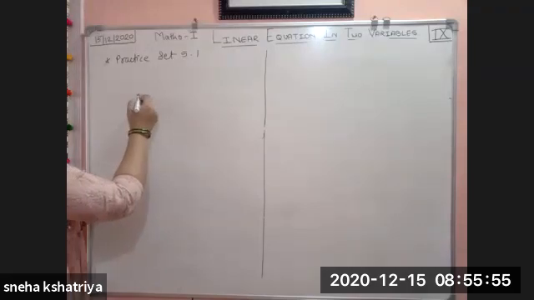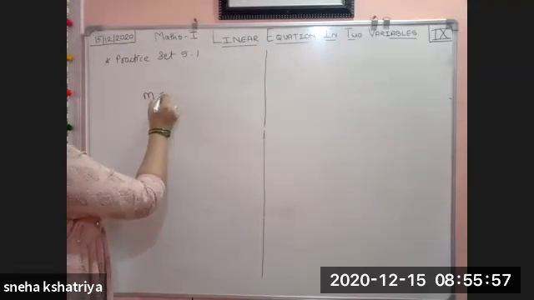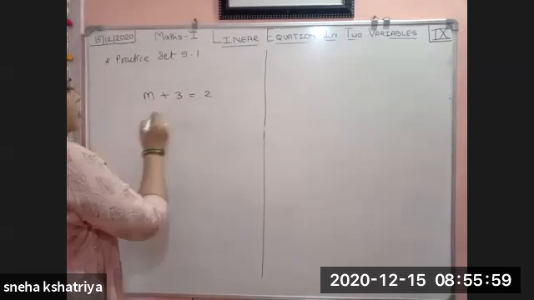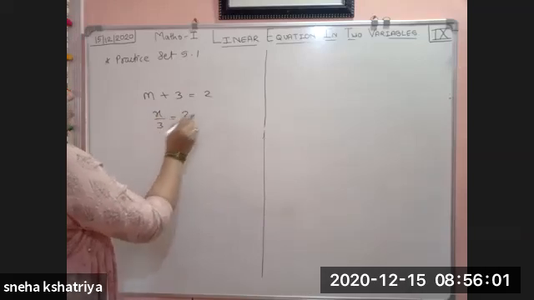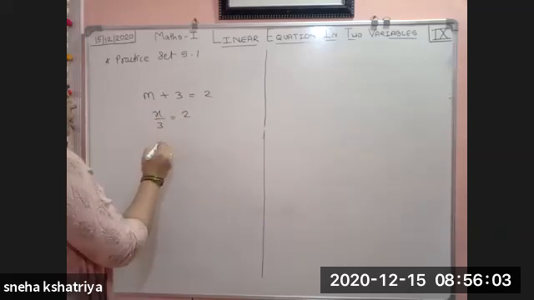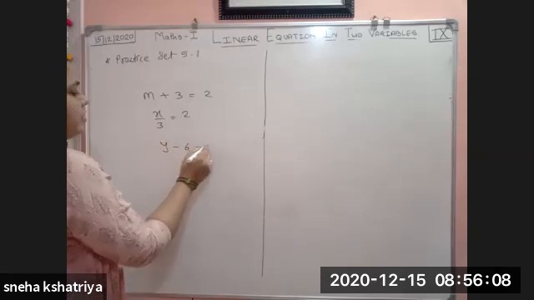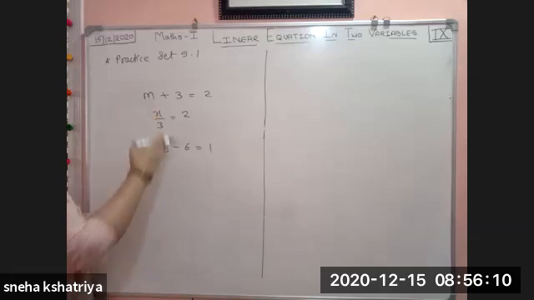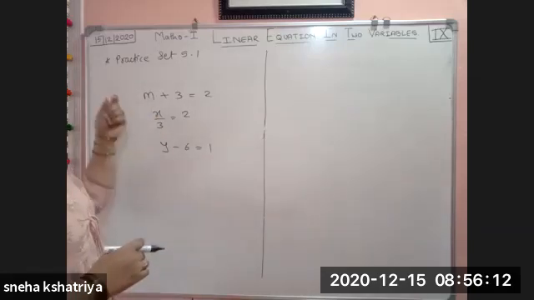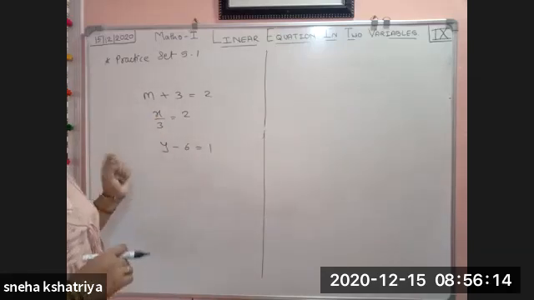For example, in the last lecture we took m plus 3 is equal to 2, x upon 3 is equal to 2, and y minus 6 is equal to 1. Such kinds of equations are called linear equations in one variable.